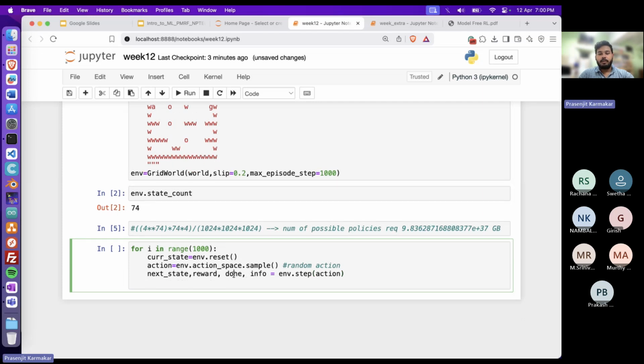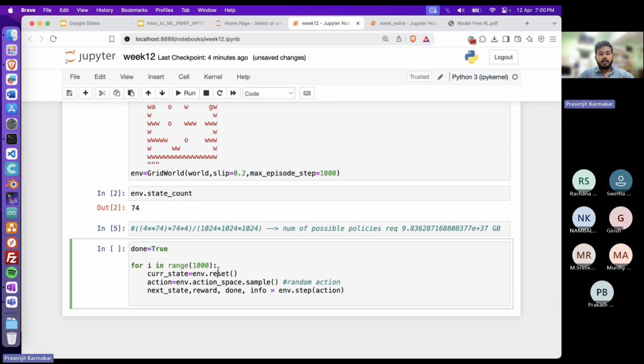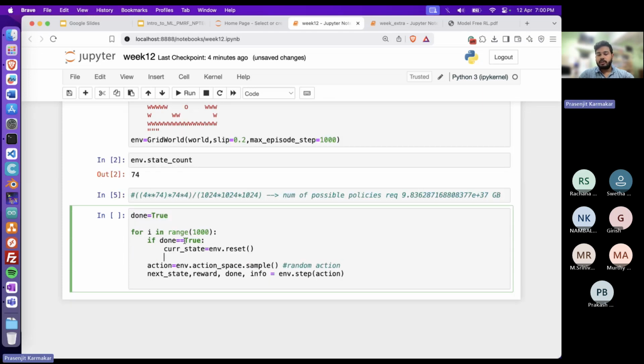Now if I'm done, if my game has ended, then I have to reset my environment again. Initially done is true, so it will reset at the first step, and then only reset again when done is true.